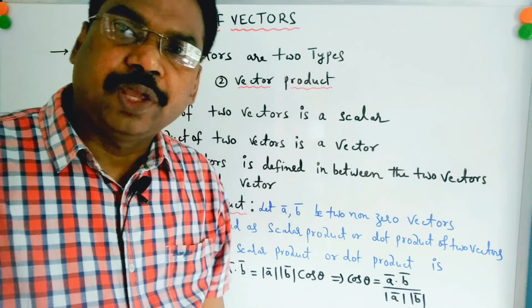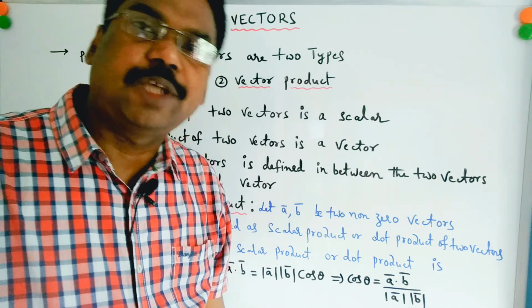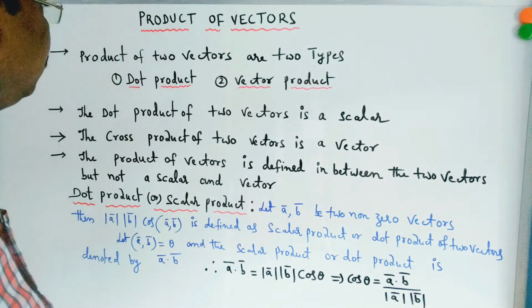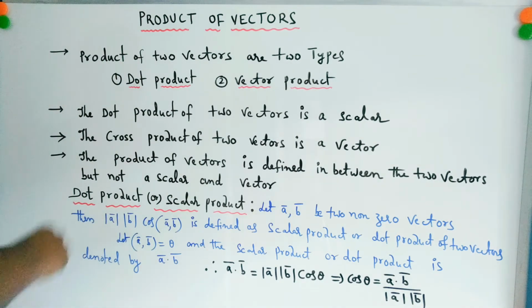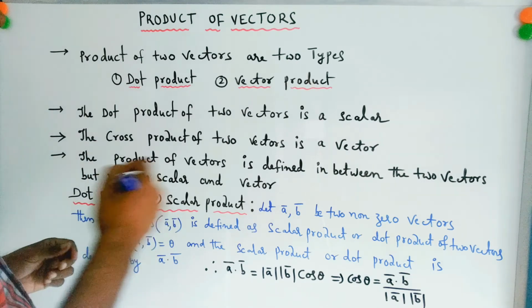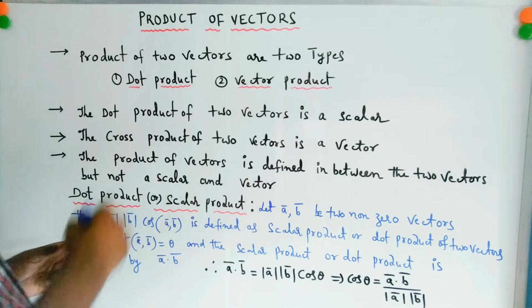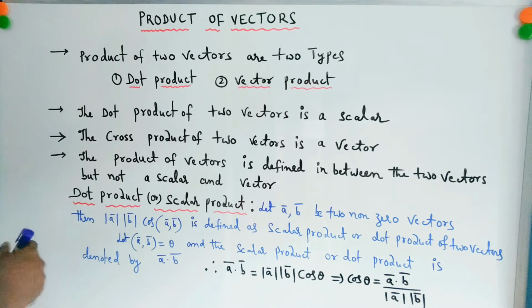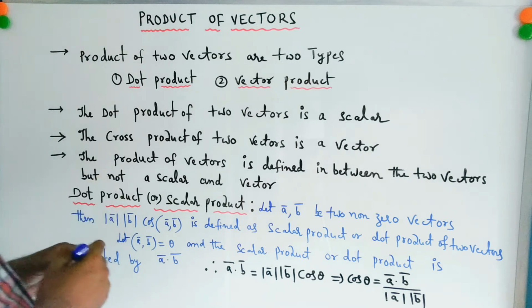Topic is vector algebra. Now subtopic is product of vectors. Product of vectors are of two types. First one, dot product or scalar product, and second, vector product or cross product. First point, the dot product of two vectors is a scalar.